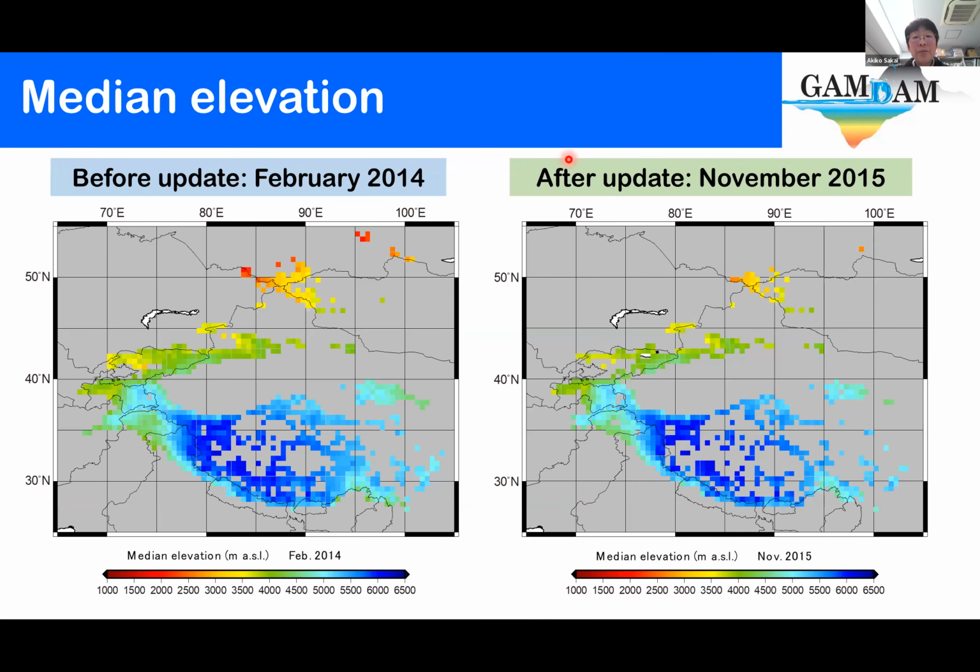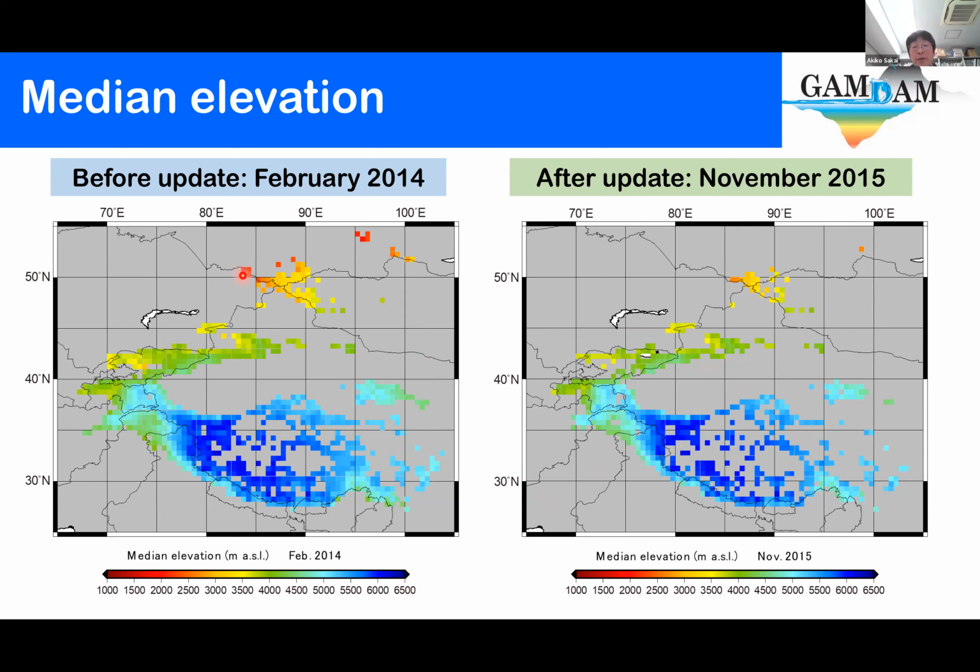And this figure shows the median elevation before and after the update. Those are averaged at each 0.5 degrees. After the update, some glaciated grids disappeared, probably due to the removal of seasonal snow cover.